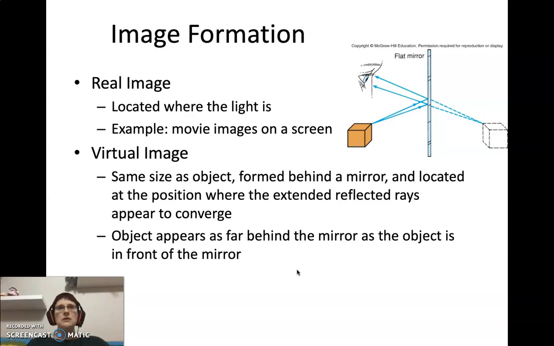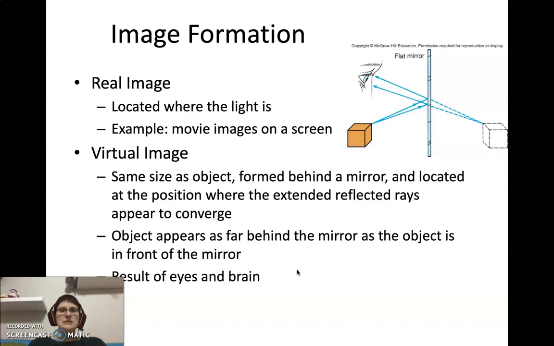So you can't actually reach the object behind the mirror, but if you were to set up a mirror and place an object in front of the mirror and then try to set something behind the mirror while you were looking at the one in front, then you'd actually place the other pin or whatever it is roughly at the same location behind the mirror, because that's what your brain is interpreting as the location of that object in the mirror.